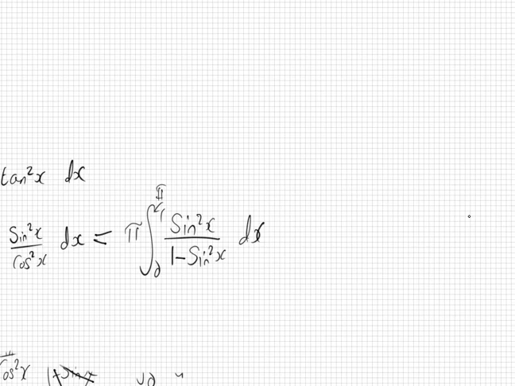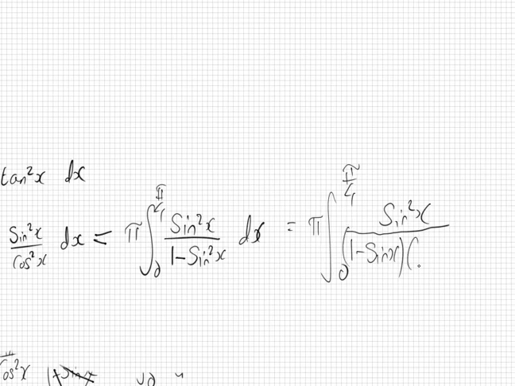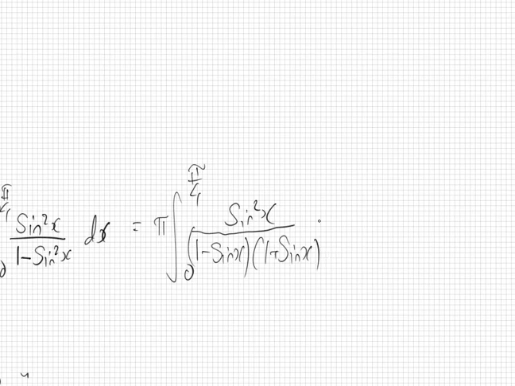So what do we have to do for improper? Doesn't sound good, does it? But I know that I can write this as pi, 0 to pi over 4, sine squared x over 1 minus sine x times 1 plus sine x, because I factorized this quadratic.